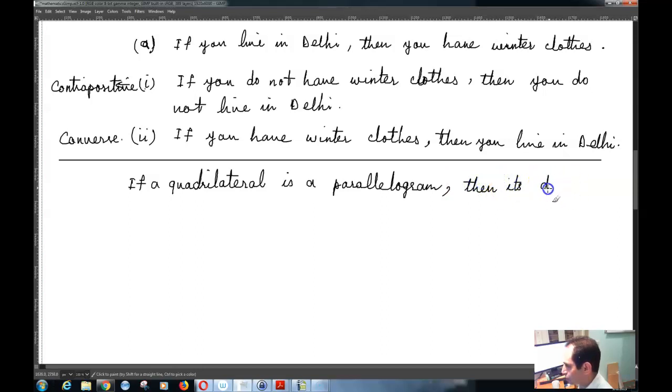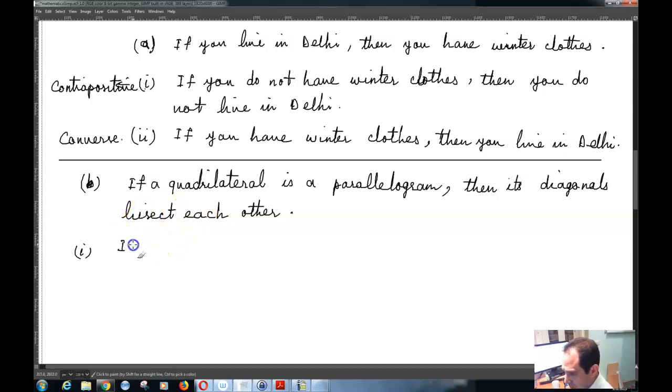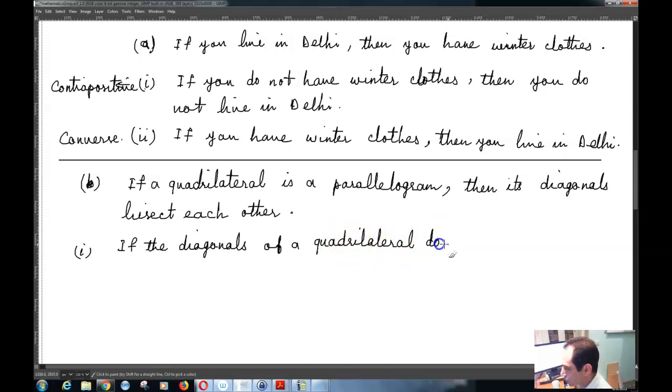Now number 1 is, if the diagonals of a quadrilateral do not bisect each other, then the quadrilateral is not a parallelogram.